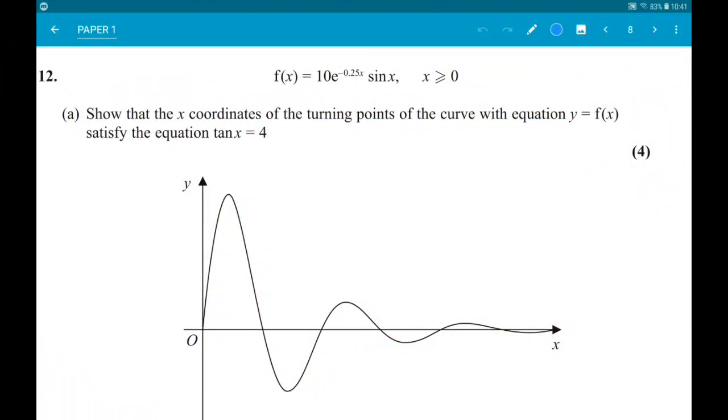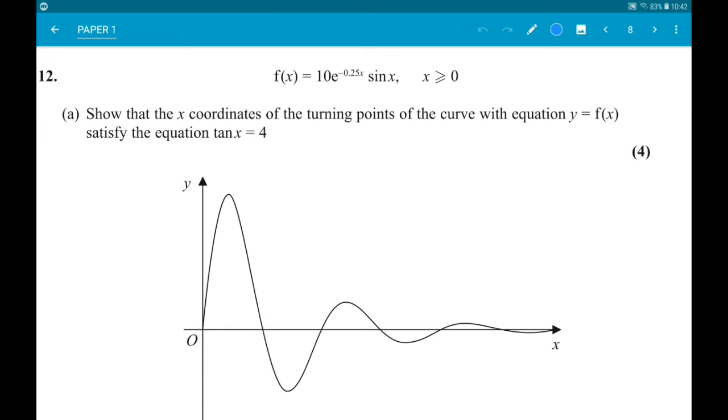Well, f of x is 10e to the minus 0.25x sin x for x greater than or equal to 0. Part A. Show that the x coordinates of the turning points satisfy tan x is equal to 4.